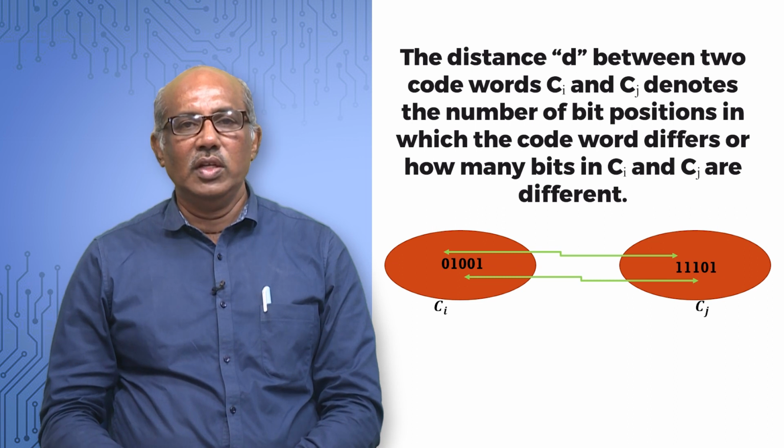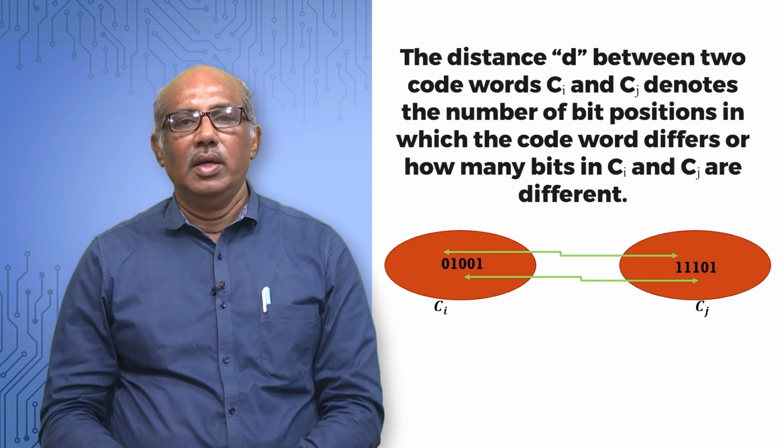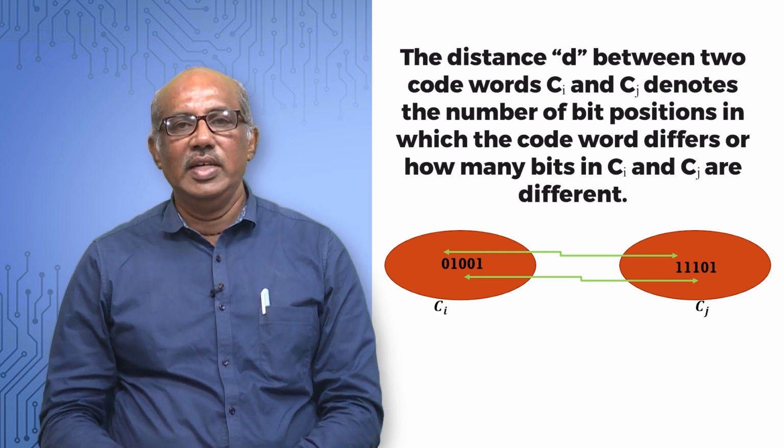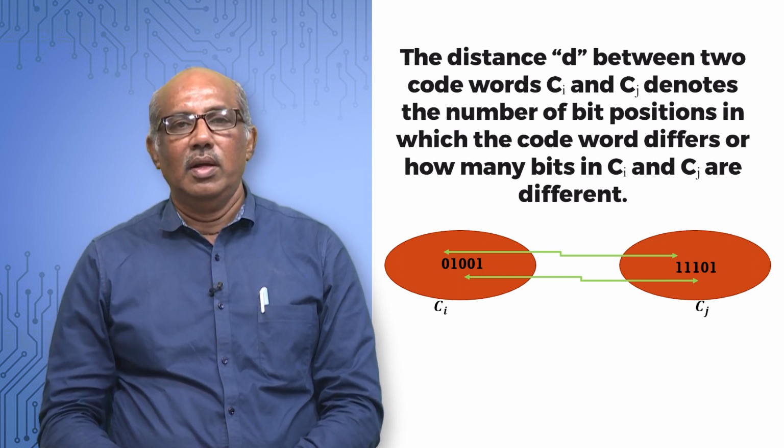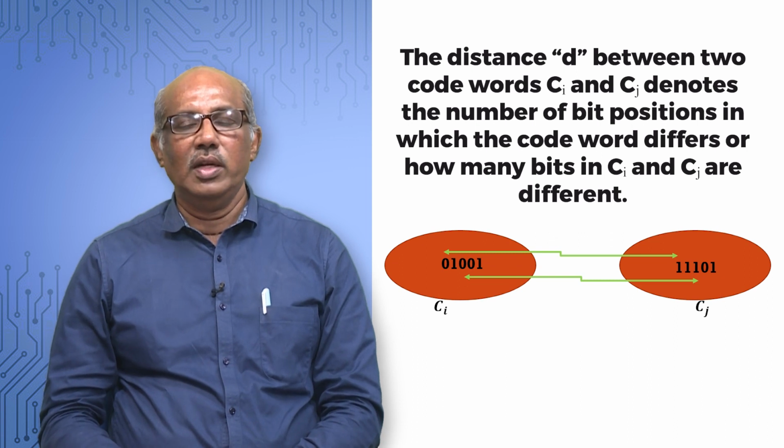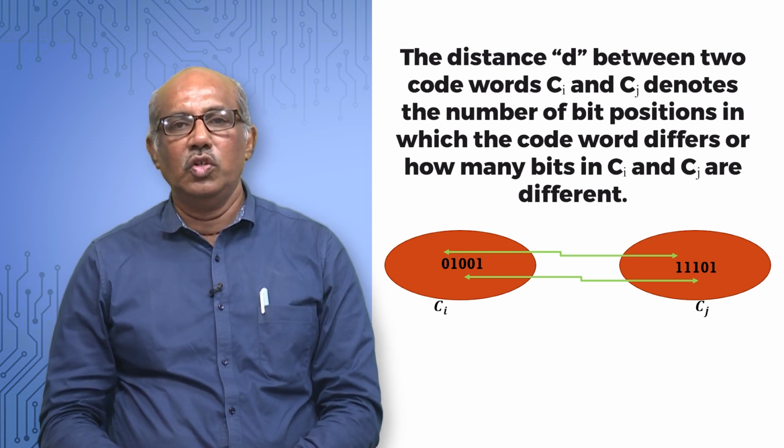C i has the code word 0 1 0 0 1, and C j has the code word 1 1 1 0 1. So, how many bits have changed? The most significant bit in C i is 0 and in C j it is 1, followed by that it is 1, and in C j also it is 1.